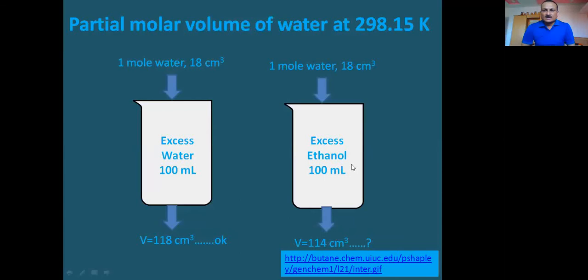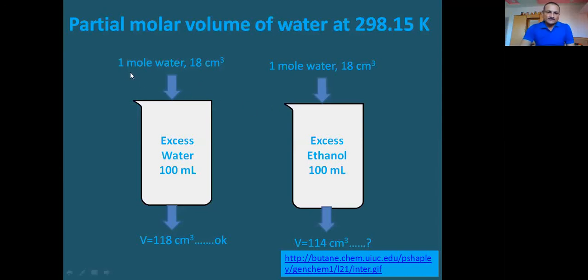When we see the basic concept of this partial molar volume, in order to understand how the molecular interactions taking place in the solution affect the physical properties, particularly the partial molar volume or compressibility, see this example. Here I have shown two solutions.